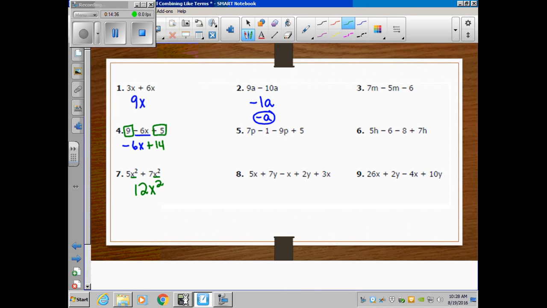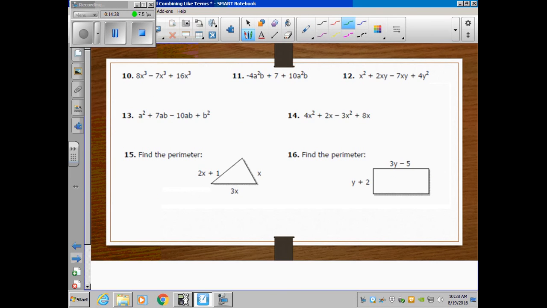All right, let's try some harder ones here. Okay, number 10. Here you have all cube terms, x to the third power. Those are all like terms. So it's going to be 8x to the third minus 7x to the third is 1x to the third, and 1x to the third plus 16x to the third is 17x to the third. Okay, what about number 11?